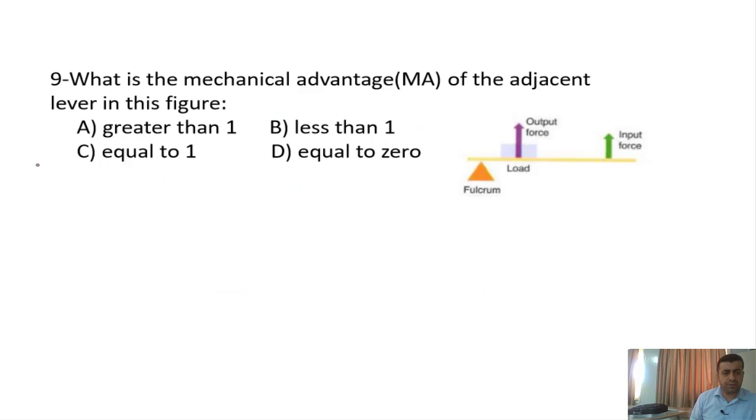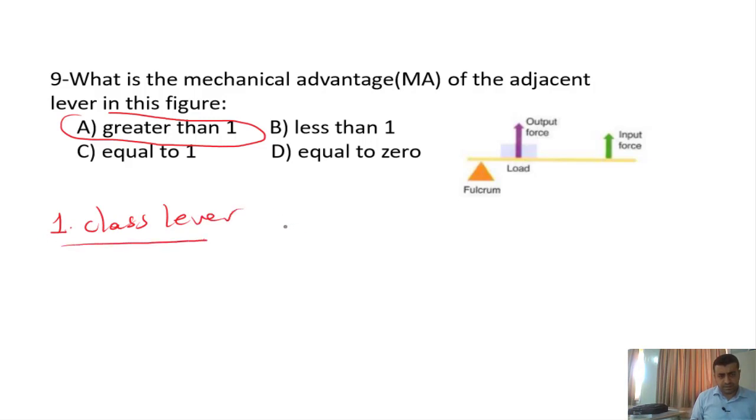Question 9. What is the mechanical advantage of the lever in the figure, as you see here? Which lever? As you see here, this one, second class lever. There are 3 types of lever: first class lever, second class lever, and third class lever.